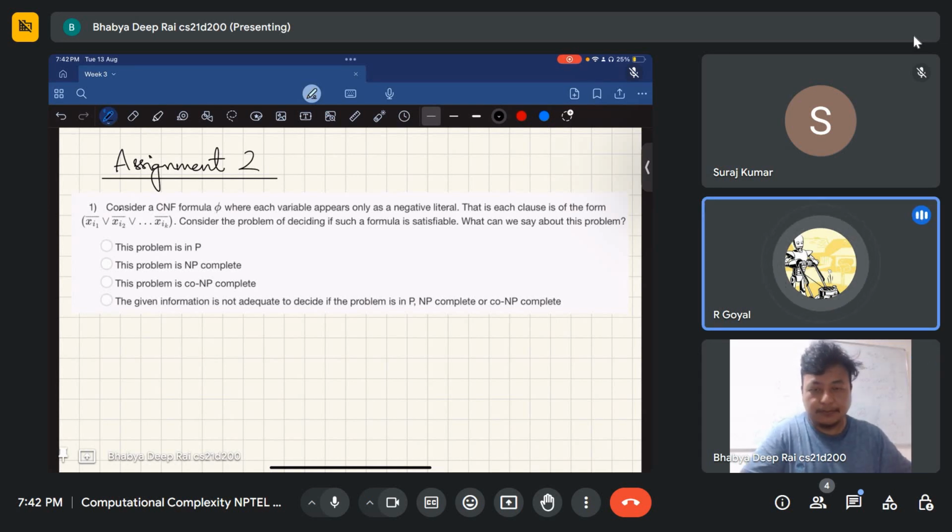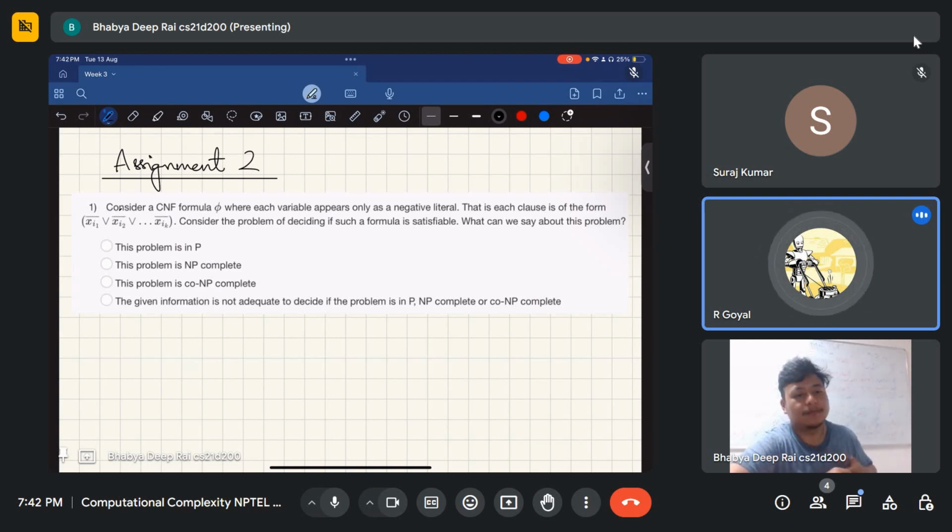So now we have been given a formula where every variable appears as a negative literal. So I will replace it by some other variable which is not negative.